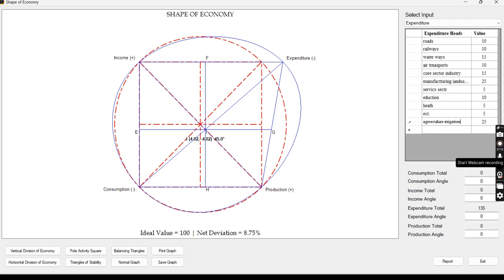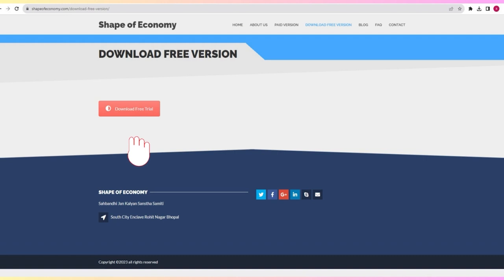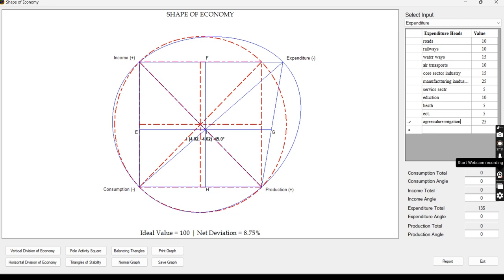To start with, I inform you that many users downloaded the software of Shape of Economy and they operated it as well, and they could see the results appearing on the screens of their computers and laptops. But most of them couldn't understand the meaning and significance of angle when they try to input different angles in the four inputs of expenditure, income, consumption, and production.